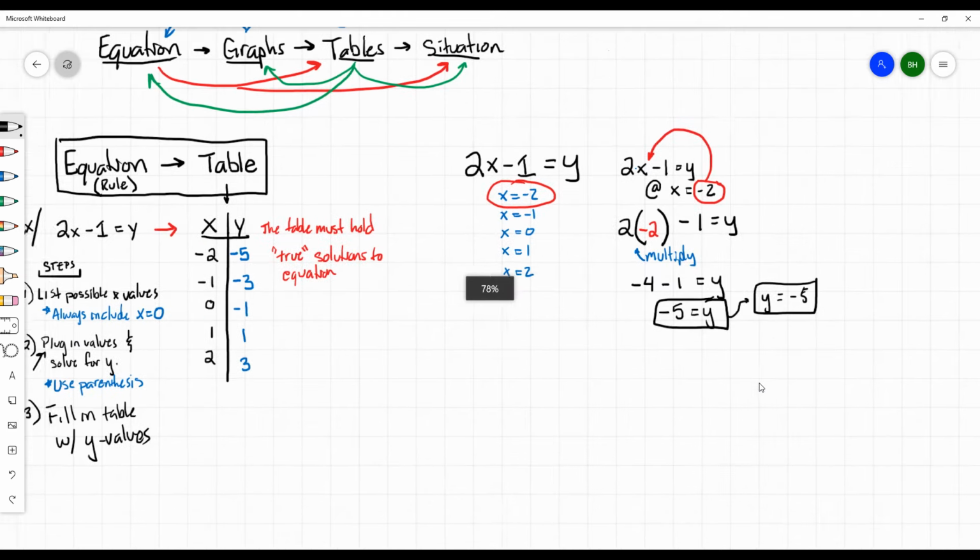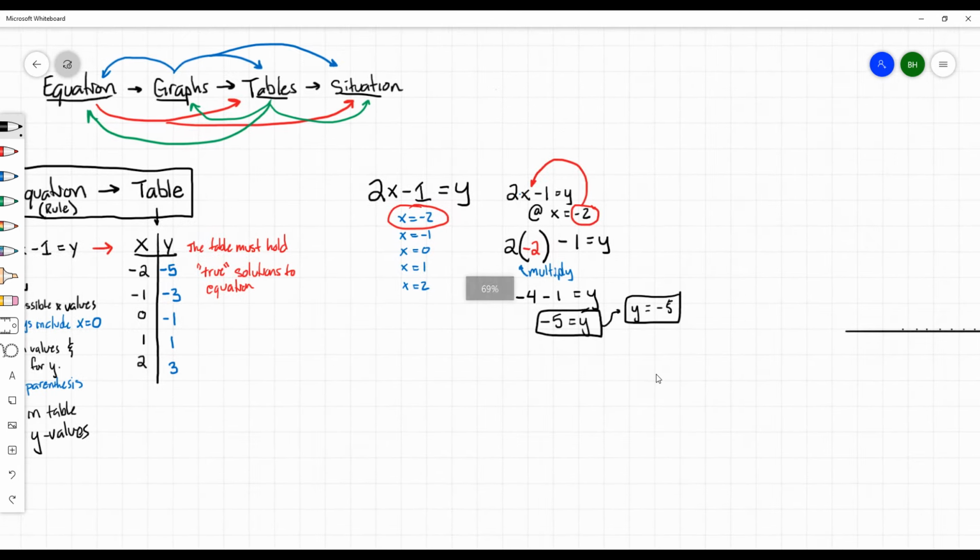If I move the screen over this time, I'm going to do the same things, this time just down below. I'm going to do 2x minus 1 equals y. But this time, I'm going to go to the opposite end. I'm going to use x equals 2. Remind myself, I'm going to take this 2 and I'm going to plug it right into this x value, which means I need to use a set of parentheses.